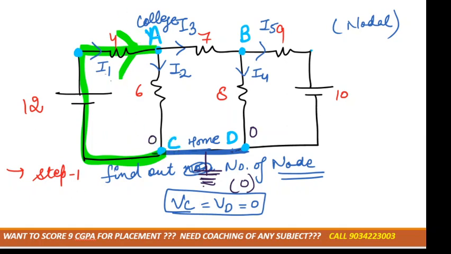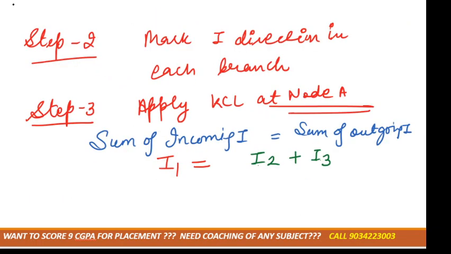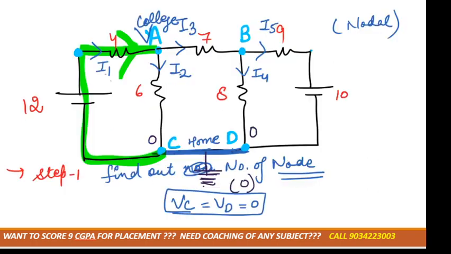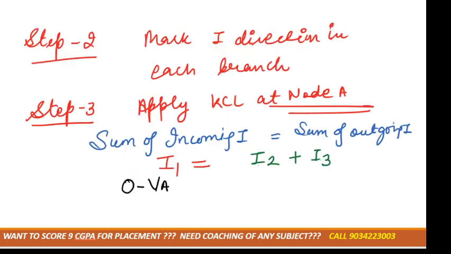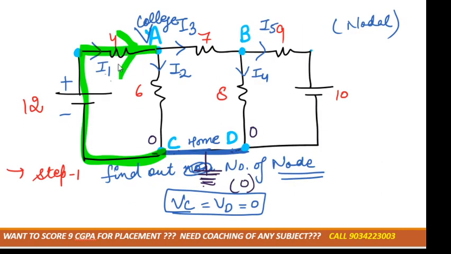And what is the potential at college? VA, right? So for I1 we can write 0 minus VA, and if in between there is a battery, we have to take the second sign of the battery, that is, plus 12 divided by the resistance coming in the path.